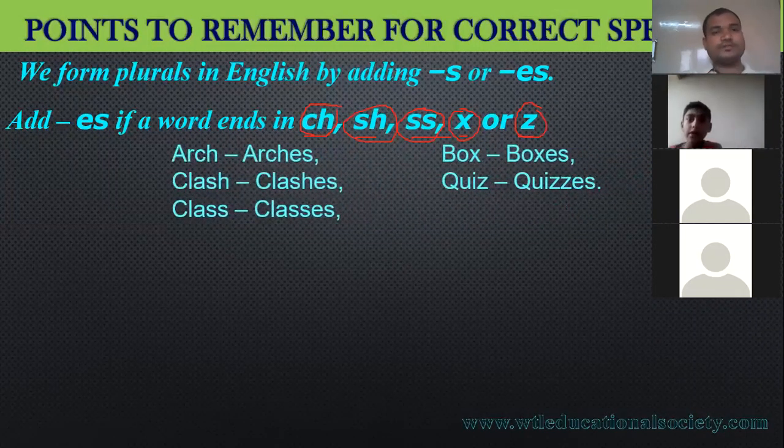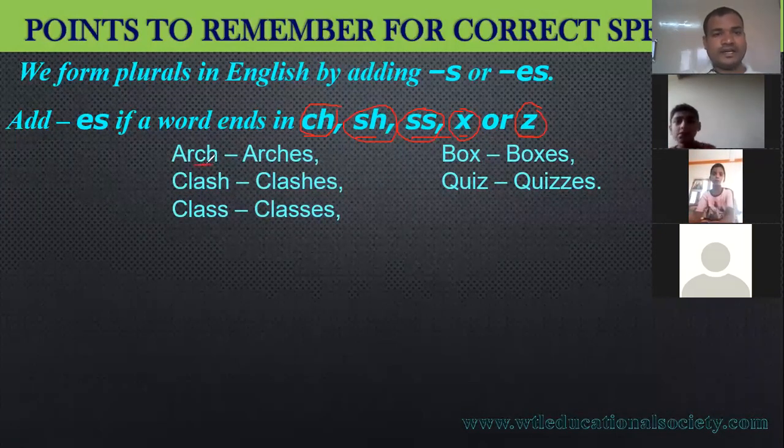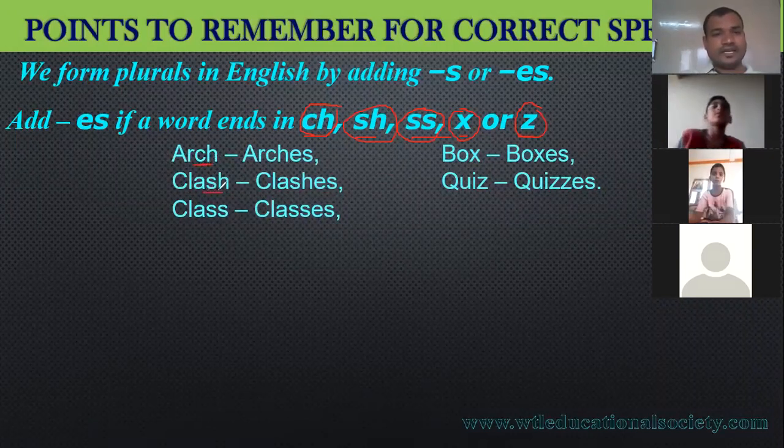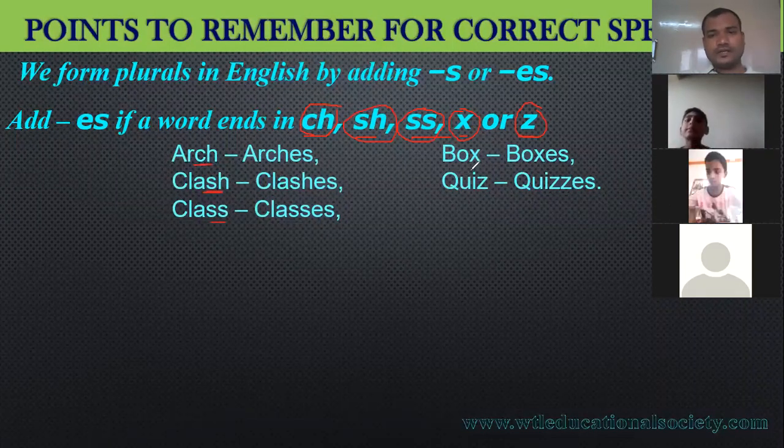So examples: arch, arches. What is the ending here? Ch. In the second one, sh. In the third one, ss. In the fourth one, x.